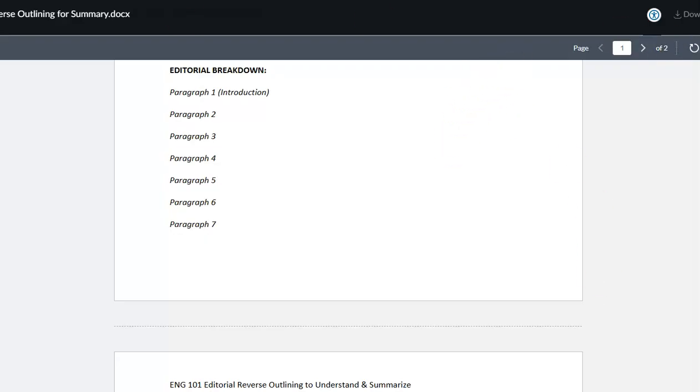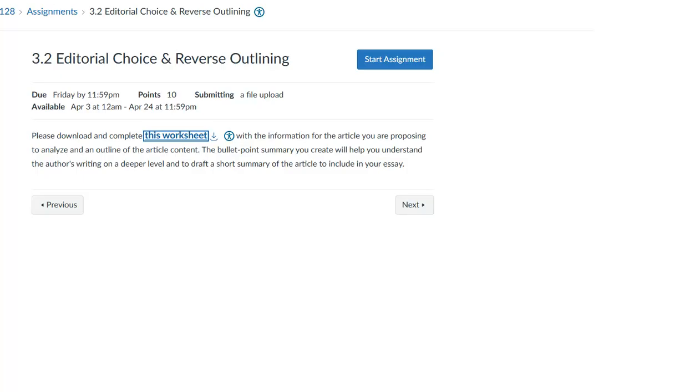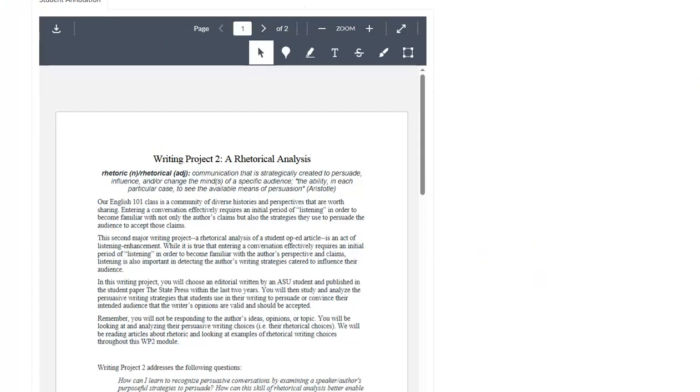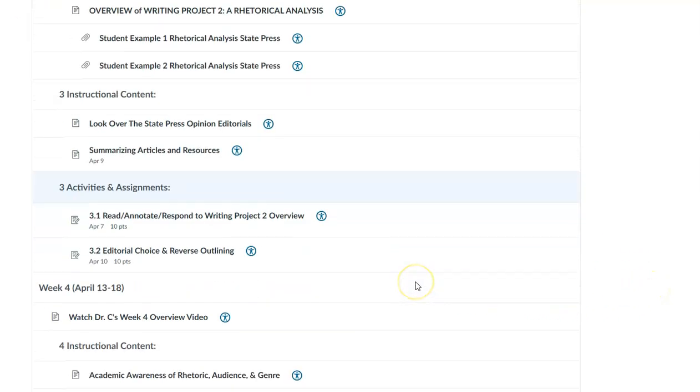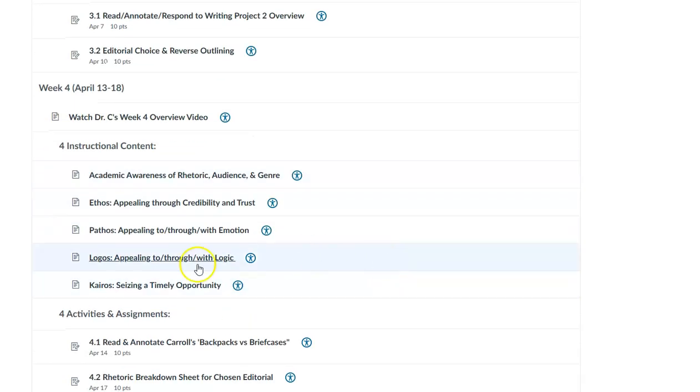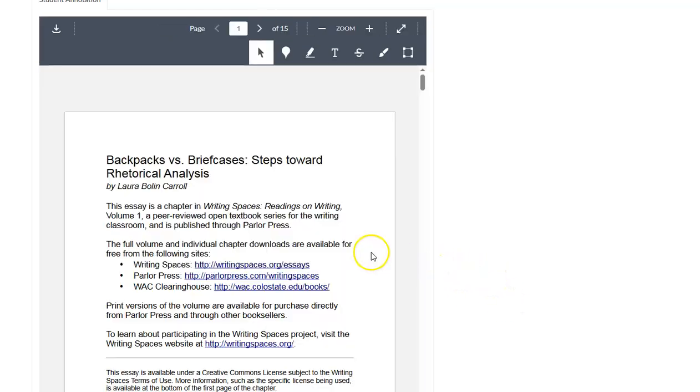I'm going to close this really quickly and bounce back to the overview, because I also want to give you a heads up for our week 4. On the 14th, there is going to be another annotated article assignment, and this article is a little bit longer.